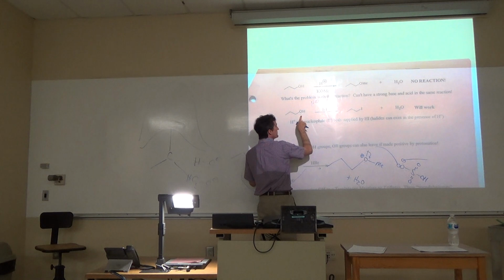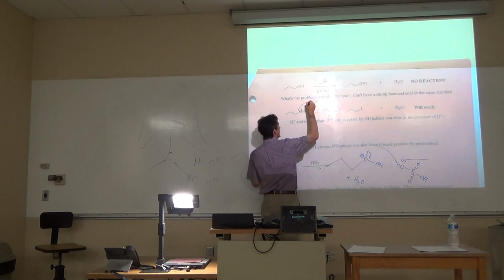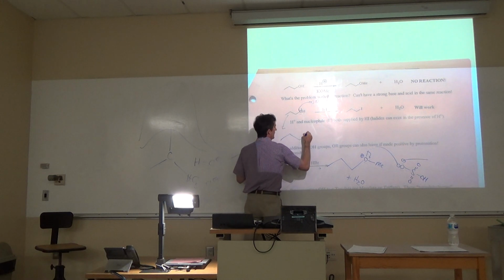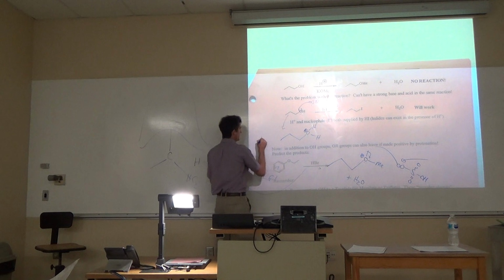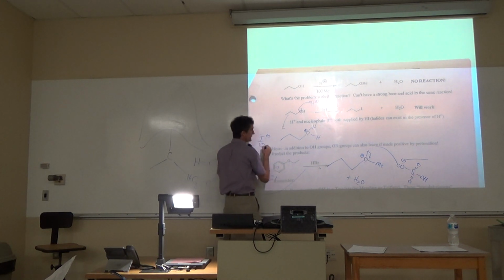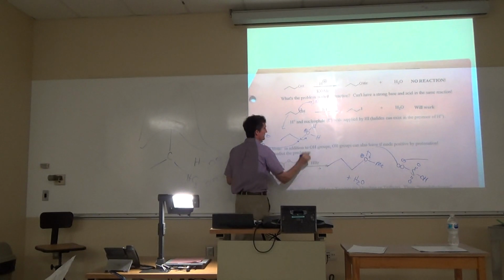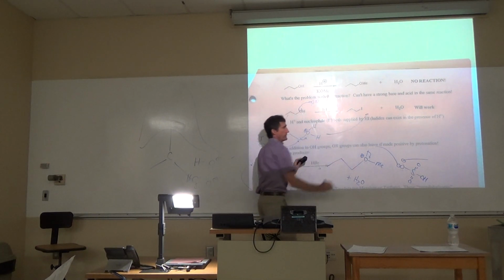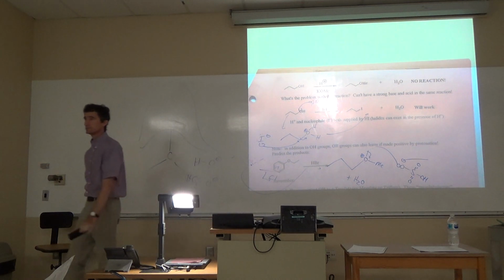Is this a good leaving group? No, but we have acid present because HI is a strong acid. We can protonate the OH, then the I minus can come in here and backside kick it off, and what does that get? There you go, you get your product plus water.